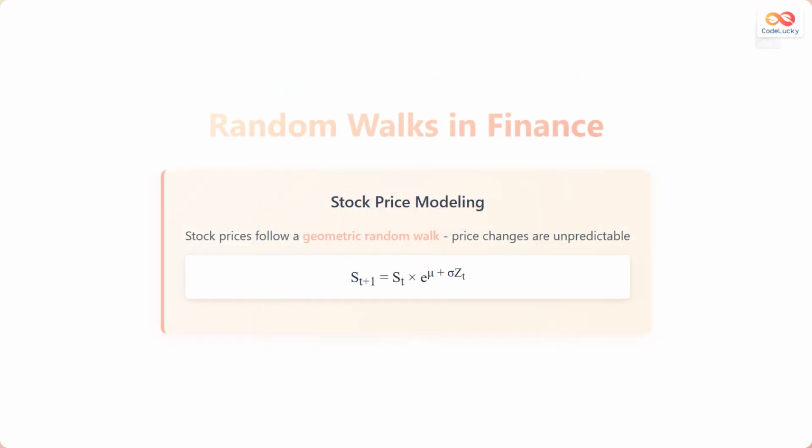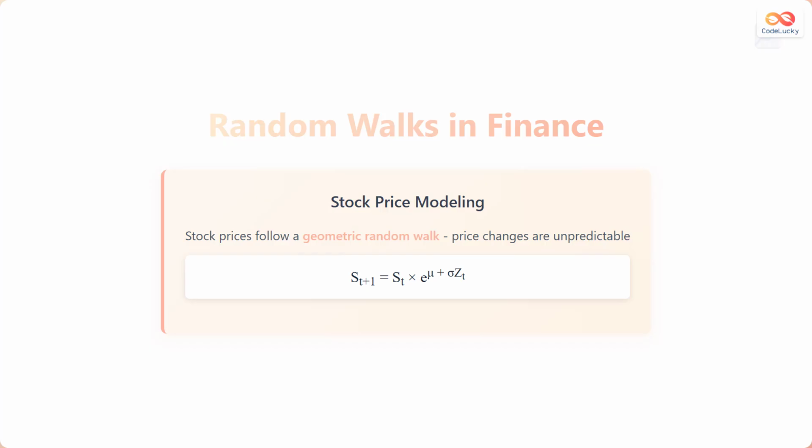Let's see how random walks are used in finance, particularly in stock price modeling. Stock prices are often modeled using a geometric random walk. This assumes that price changes are unpredictable. The formula here describes this geometric random walk. S_{t+1} equals S_t, multiplied by e raised to the power of mu plus sigma times Z_t.